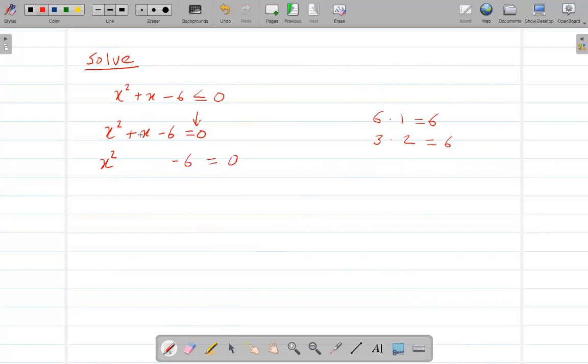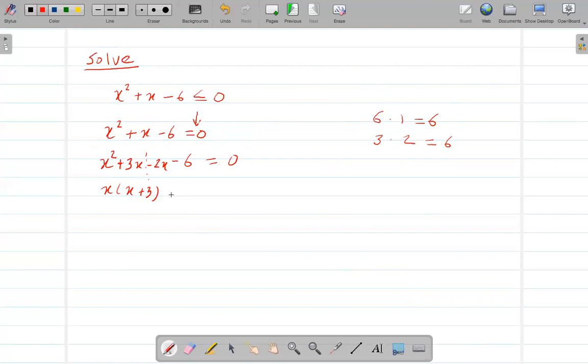So using 3 and 2, I can say positive 3x minus 2x. All right, so from now, if I split this into two parts, from the first part I can factor out x, so x plus 3.